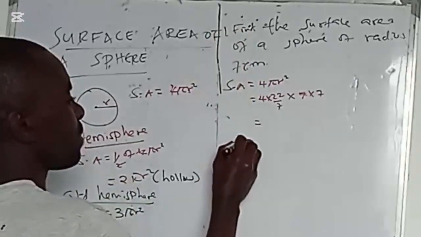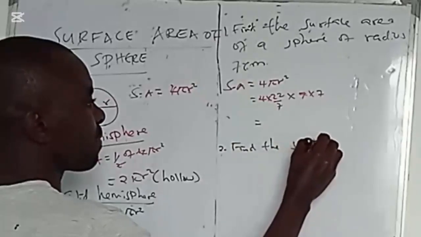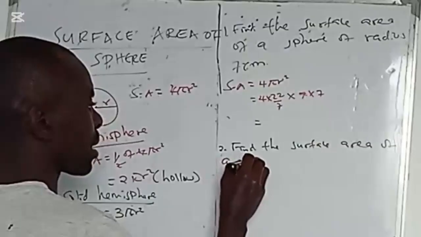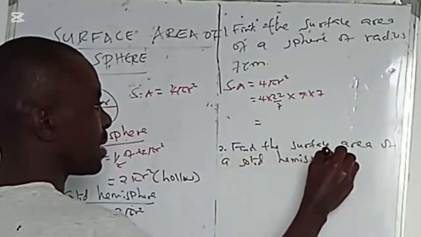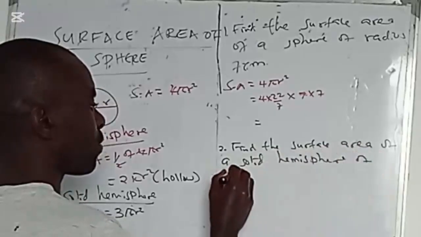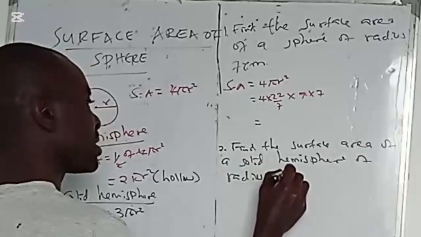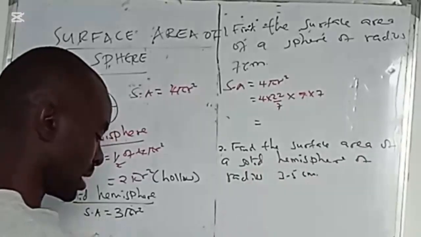Then find the surface area of a solid hemisphere of radius, let me use 3.5 centimeters.